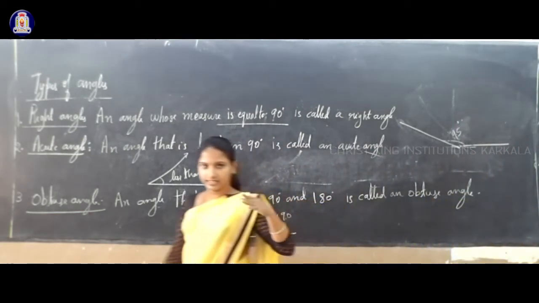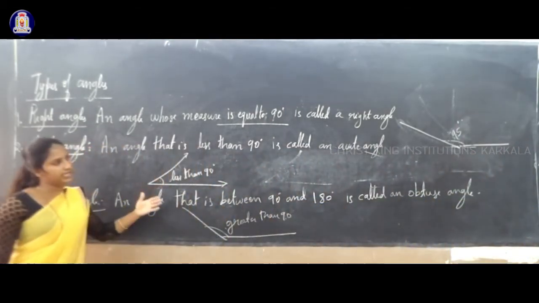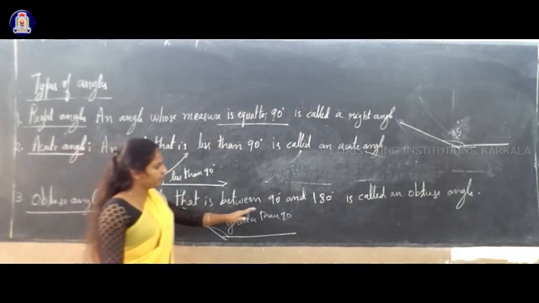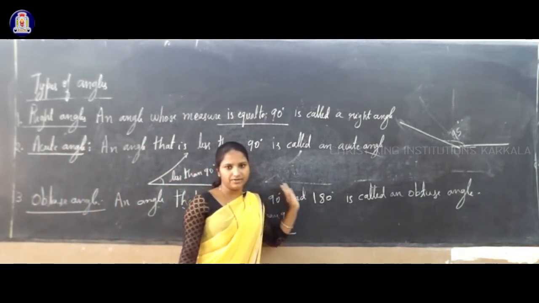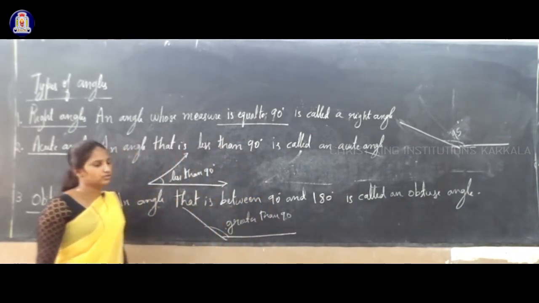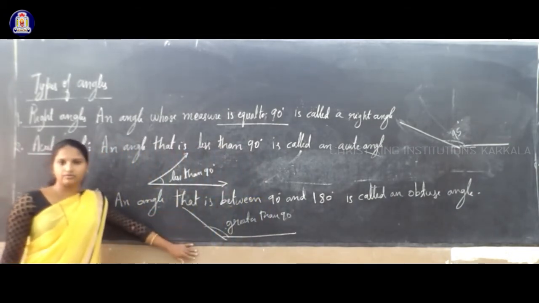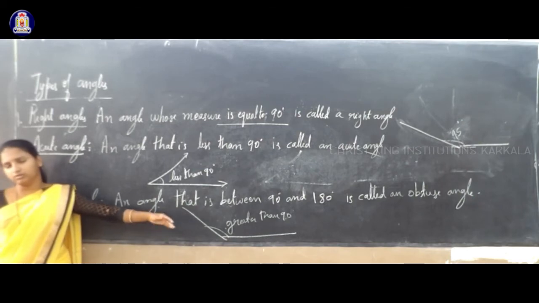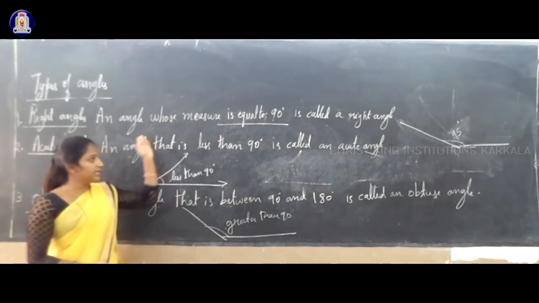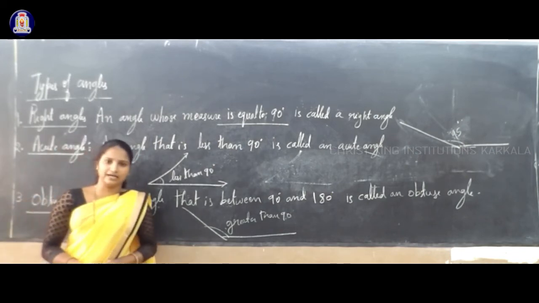It is above 90 and below 180 degrees. An angle between 90 and 180 is called an obtuse angle. For example, you can consider 130, 145, 179; all these are obtuse angles. Clear? Right angle, acute angle, obtuse angle.